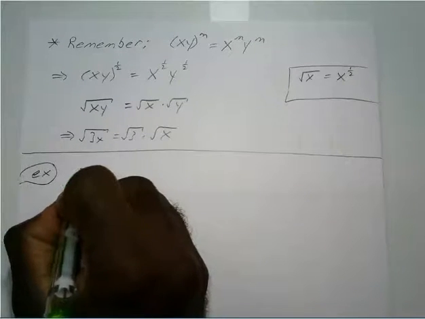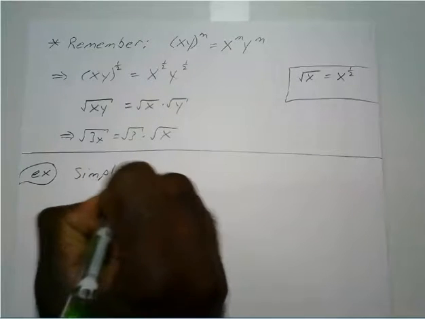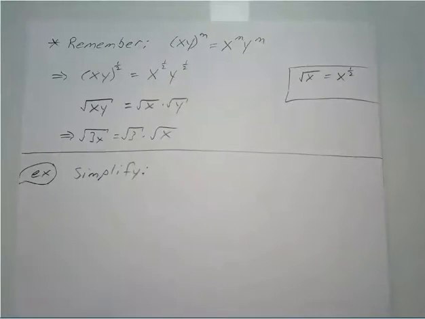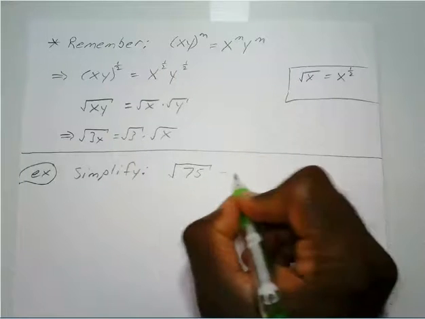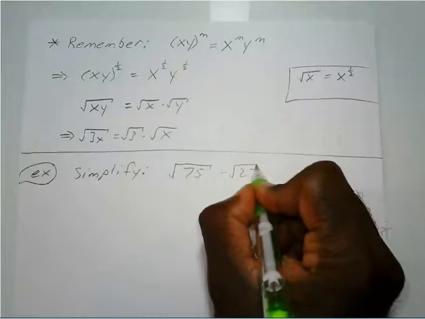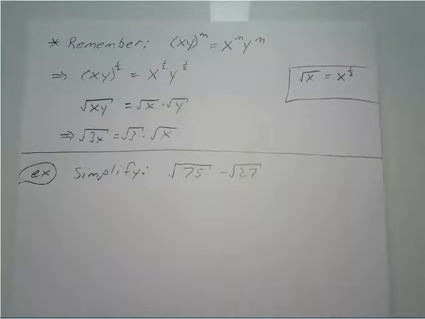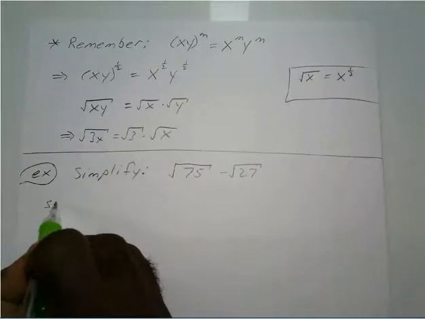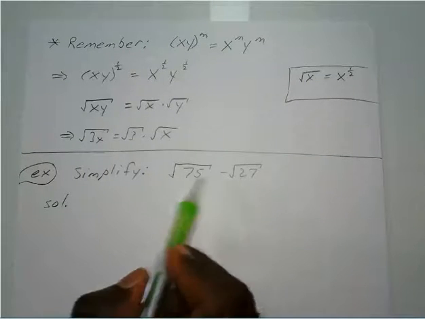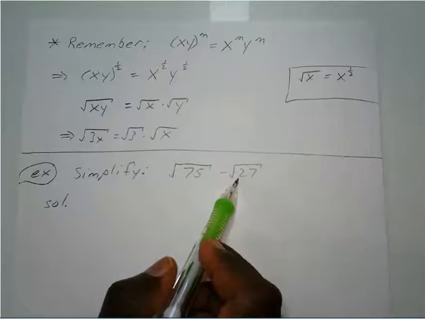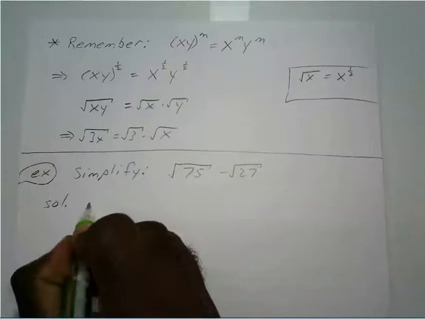Okay, so for example, if we wanted to simplify square root of 75 minus square root of 27. Okay, so if you remember from our last video, you want to try and get both of these to where you have a perfect square.